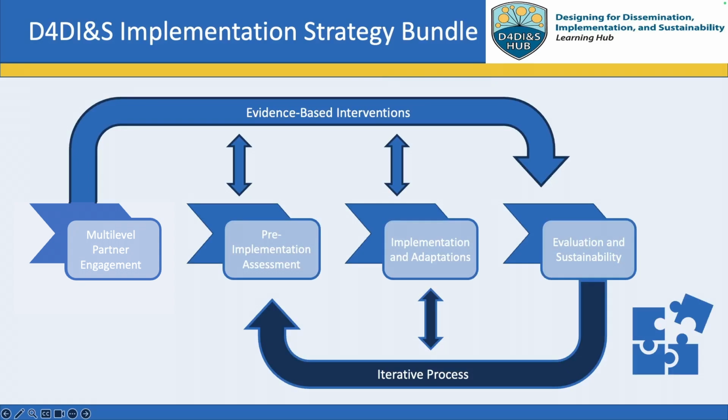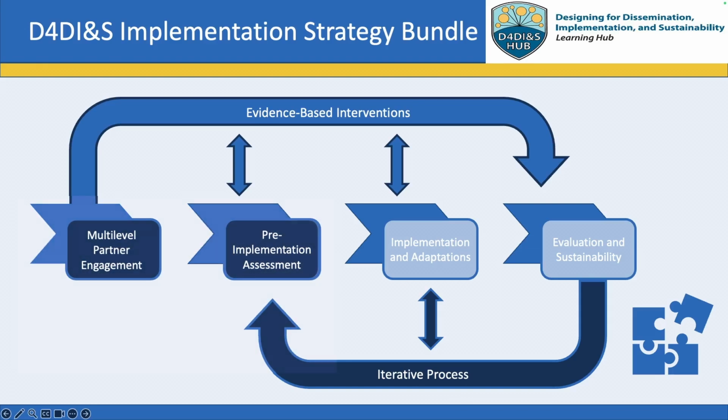The multi-component D4DI&S Implementation Strategy Bundle consists of the following. Number 1, multi-level partner engagement, to understand partners' priorities, what is important to them, and ensure that all partners' perspectives are included. Number 2, pre-implementation assessment, for proactive planning and assessment of multi-level context to inform implementation.